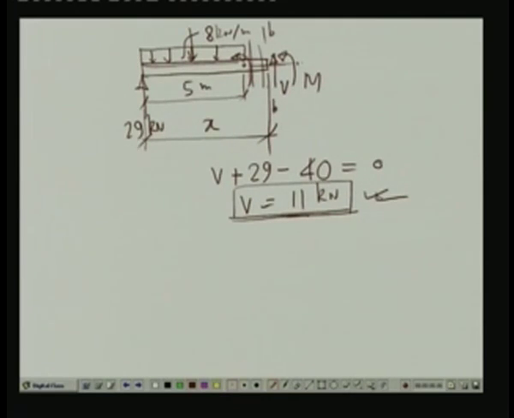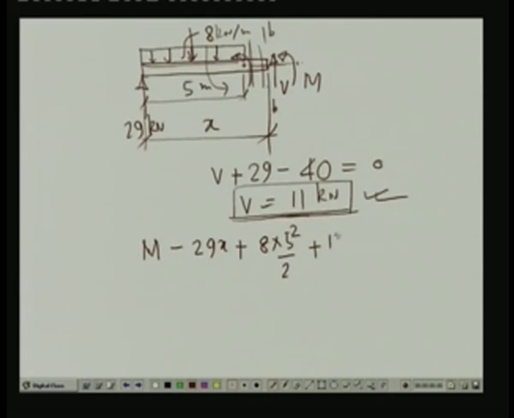Now, if you compute the value of the bending moment at this particular section, then taking moment of all the forces with respect to this particular section BB, we have M, which is in anticlockwise direction, then the contribution of the moment from RA is in the clockwise direction. So, M minus 29 x, and this also in anticlockwise direction, so plus 8 into 5 into 5 by 2, so 5 square by 2, and we have a concentrated moment which is also in anticlockwise direction.